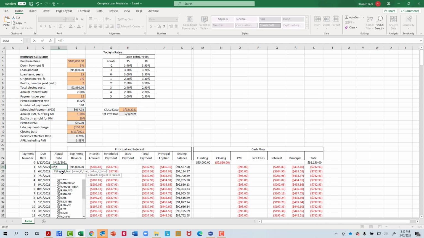So if some random number between 0 and 1 is less than 0.1, which would happen 1 out of 10 times, then I'll be 1 day late. So I'll be the date it was due plus a day. Otherwise, the other 90% of the time, I'll be anywhere from 0 to 5 days early. So the date it was due minus some random number between 0 and 5. So let's say rand between 0 and 5.